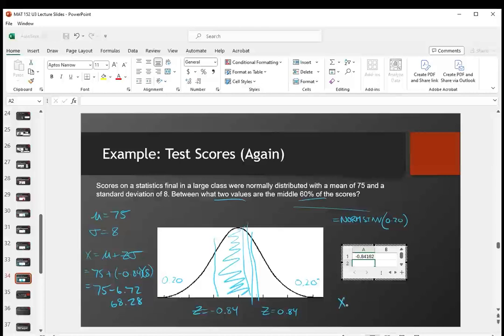The upper boundary, 75 plus 6.72, 81.72. And so if you make between a 68 and an 81, that will be the middle 60% of the scores, given that mean and standard deviation.